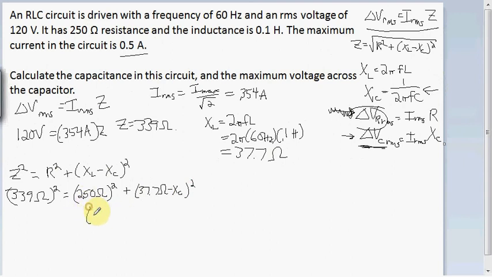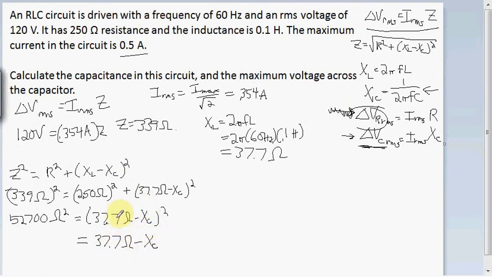And this gives us (37.7 ohms minus XC) squared equals 52,700 when we square that and subtract, and my units are ohms squared. If I take the square root of both sides, I've got 37.7 ohms minus XC.